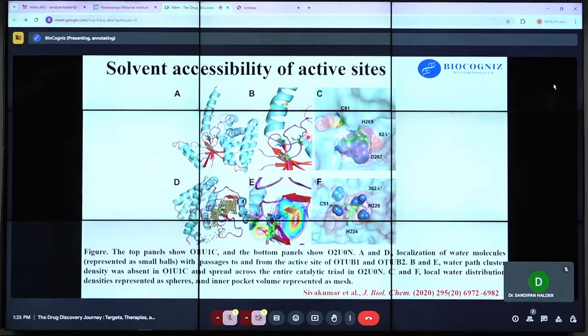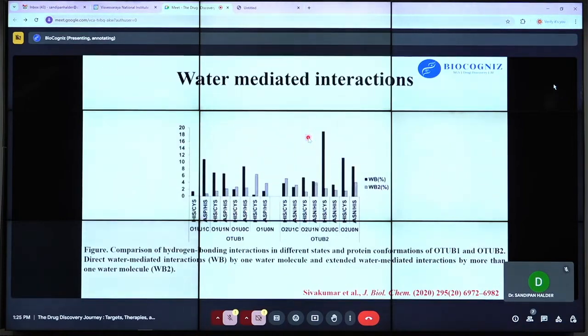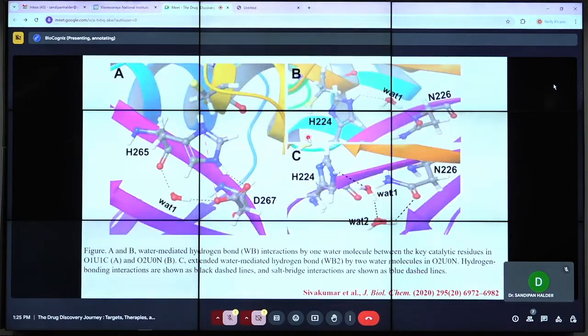So when you target computationally particularly, or through the experimental study also, considering the constraint, we usually remove the water molecules, or we keep only the water molecule which is crucial for the binding. But sometimes the network of water molecules matters. As you can see here, this is stabilized by a single water molecule, whereas if you see in the case of OTB2, it is stabilized by 2 water molecules.